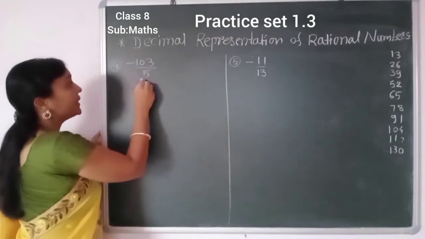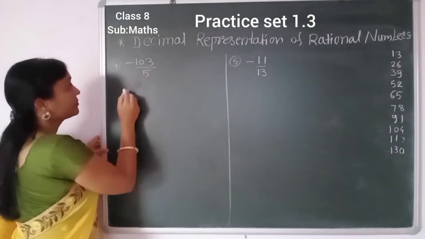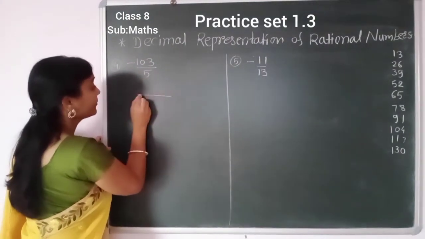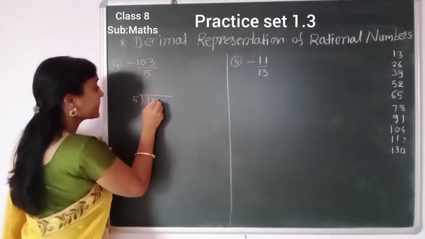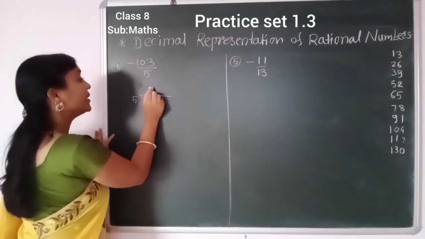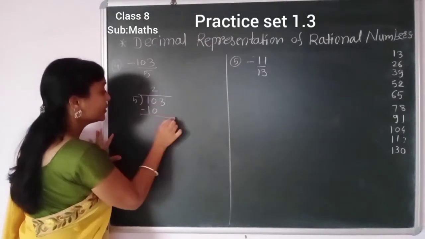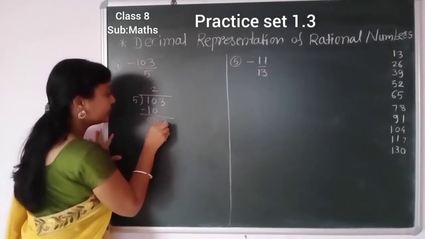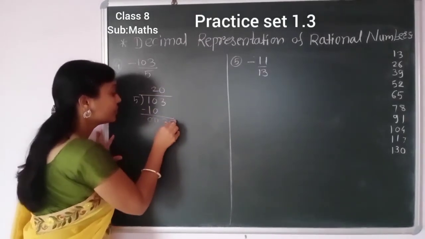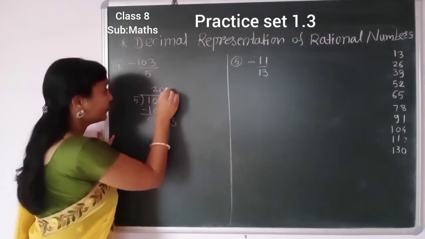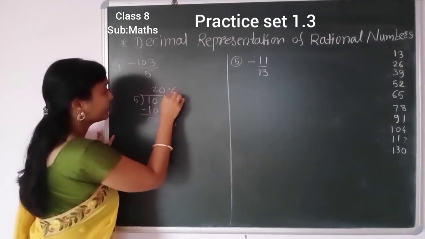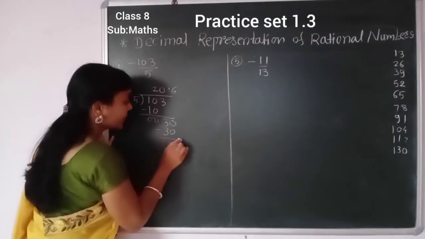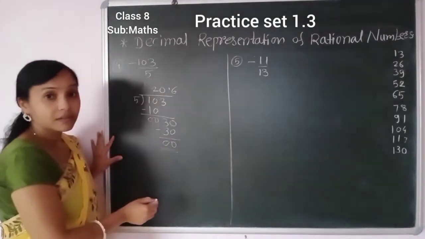So first we find this division. Five twos are 10. Now we get 3, 0, then point, then we get remainder 0.